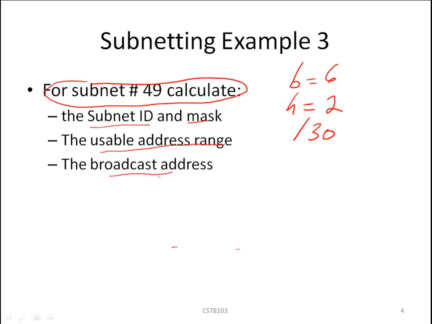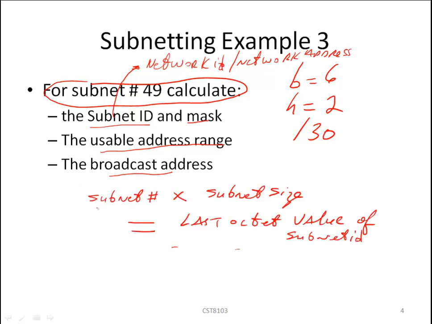Just a little note here that the subnet ID is also the network ID, also known as the network address. Now let me give you a quick and dirty formula. We multiply the subnet number by the subnet size. The result of that multiplication is the last octet value of the subnet ID for that subnet number.